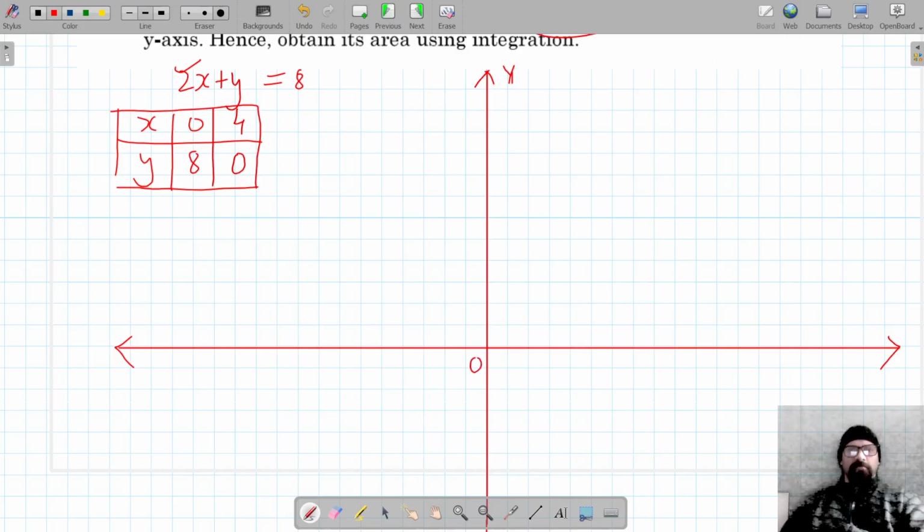And let me write down the coordinates as 0, 1, 2, 3, 5, 6, 7, and 8.